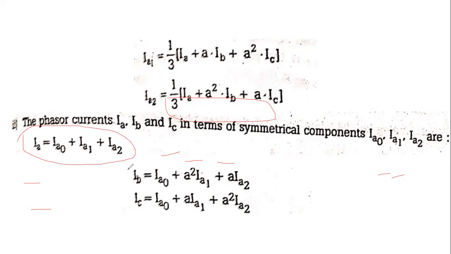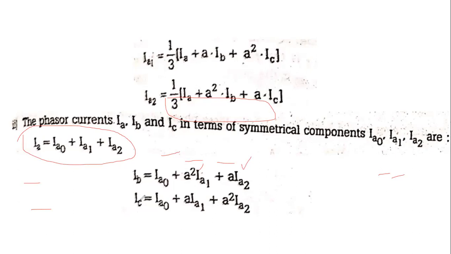Similarly, we are writing the formula for IB. IB equals IA0 plus A square IA1 plus A IA2. IA0 is the zero sequence, the positive sequence is multiplied with the operator alpha square, and this is the negative sequence.